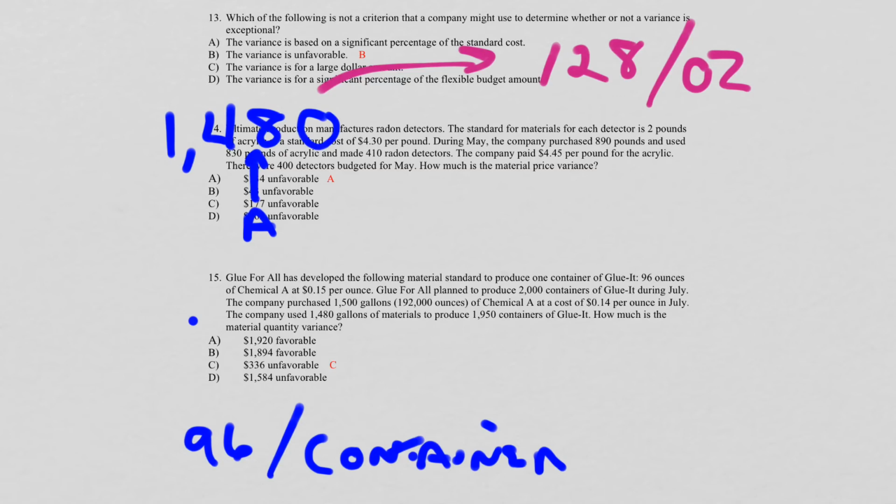So we could have gone the other way and translated the ounces up to gallons, but I'm going to leave it in, just translating everything to ounces. So 1,480 gallons of material were used, because this is a quantity variance, is 189,000. So let's do this.